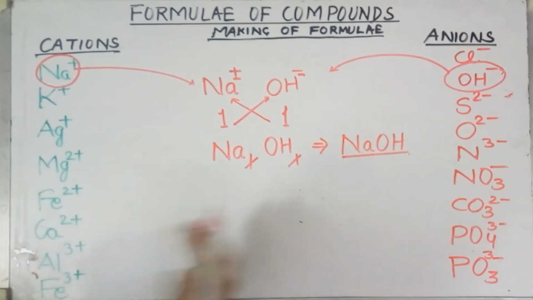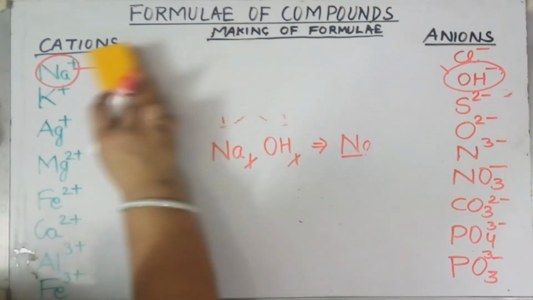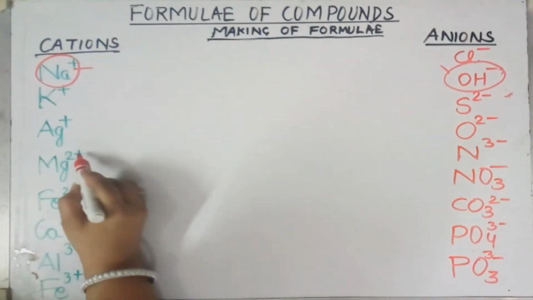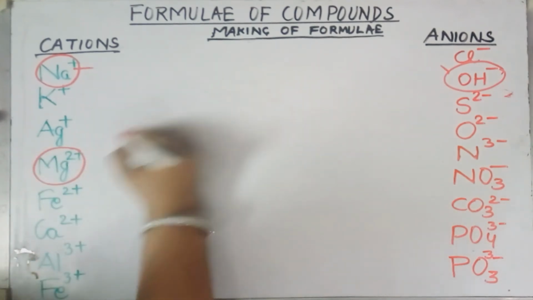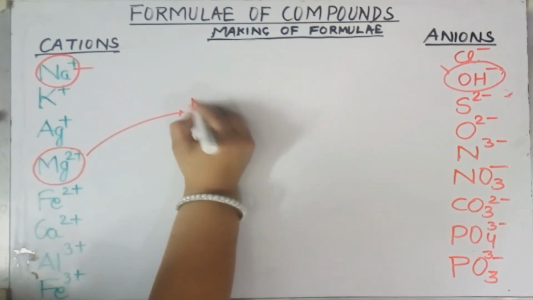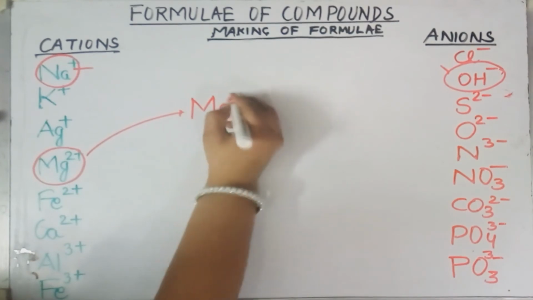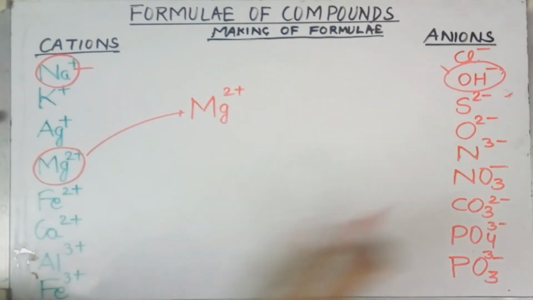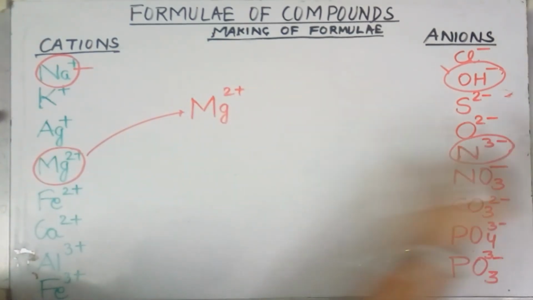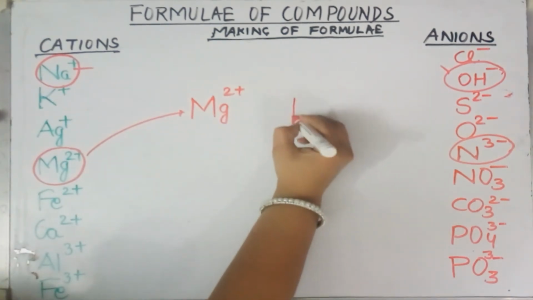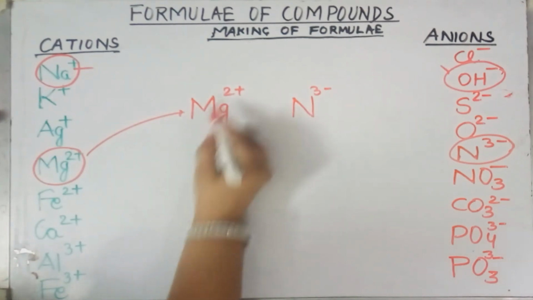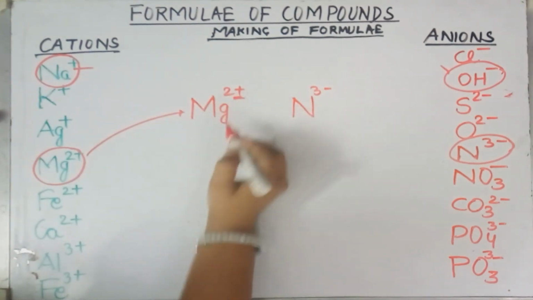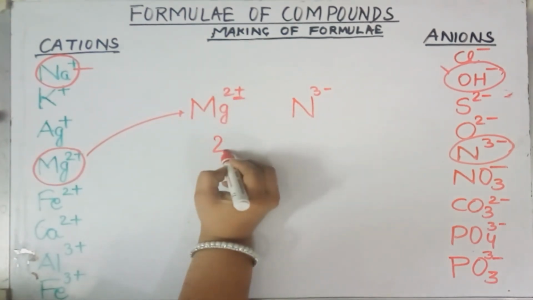Let us make another formula by using another kind of anions and cations. Here I am taking another cation, that is magnesium. This is symbolized as Mg 2 plus. Here I am taking another anion, that is N 3 minus, which is nitride. So this is magnesium having 2 plus charge, write it here at the downside.